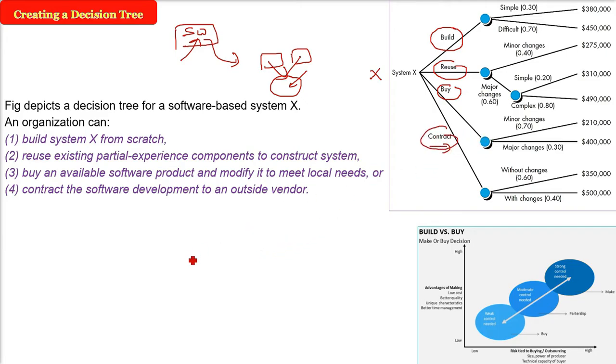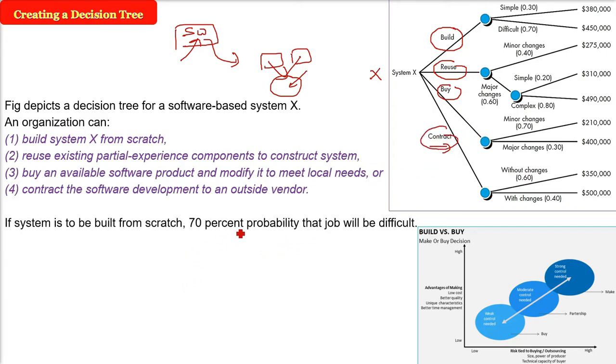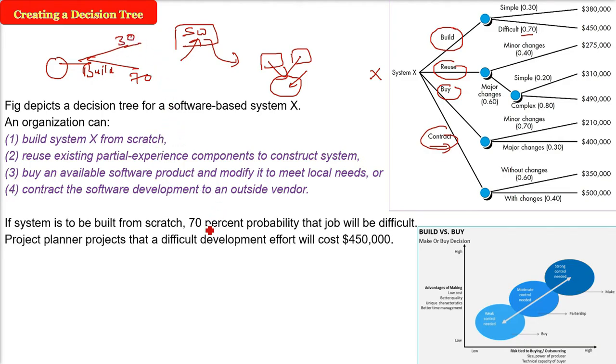Now all these numbers you have to divide, right? If an organization has to build a software from scratch, and the managers have decided there is a 70% probability that the job will be difficult, that means a 30% probability that the job will be simple. And this has to be done for all the options: build, reuse, buy, contract. So when building, the difficulty or complexity factor is 70%, that is 0.70, and simple is 0.30.